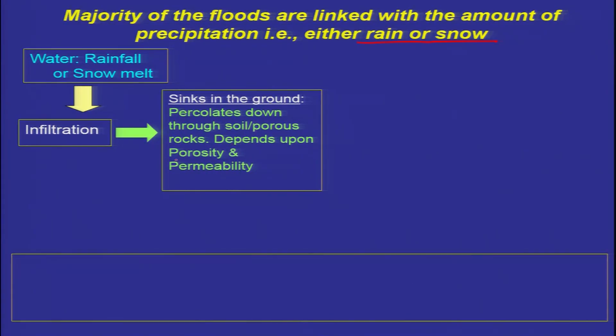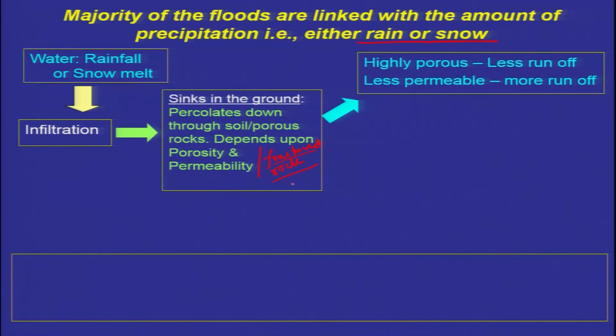So, this depends on the porosity and permeability of the material. It is not only the loose material, but fractured rock surface can also allow the infiltration faster. Then highly porous, you will see less runoff, less permeable, you will have more runoff.